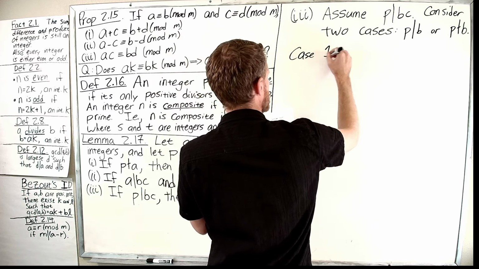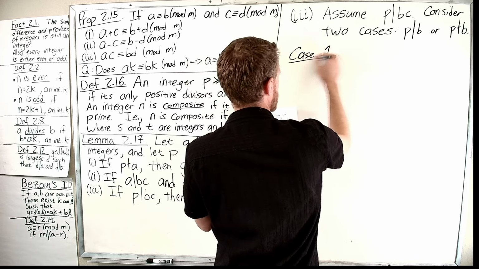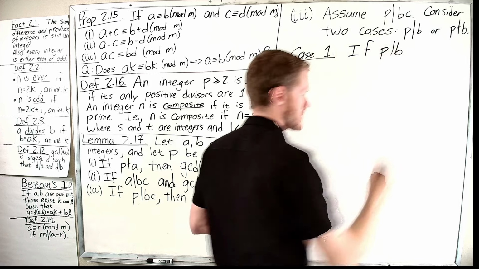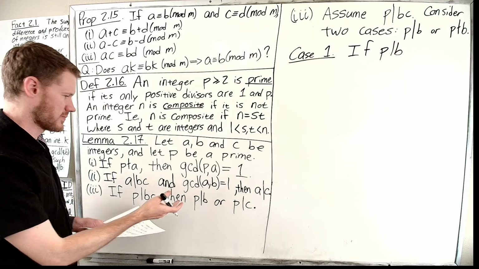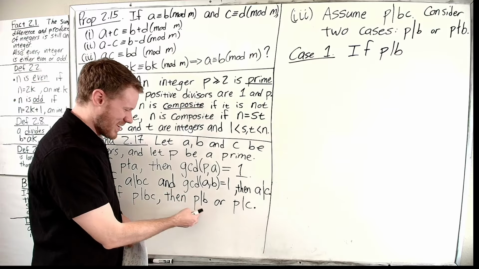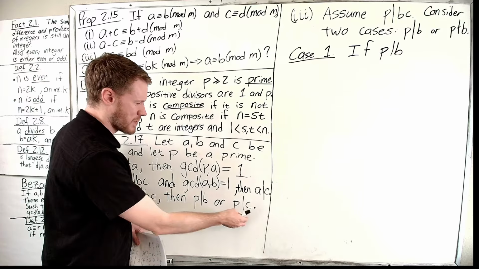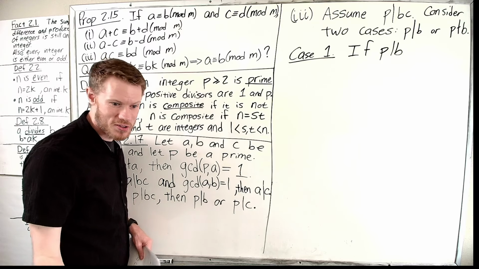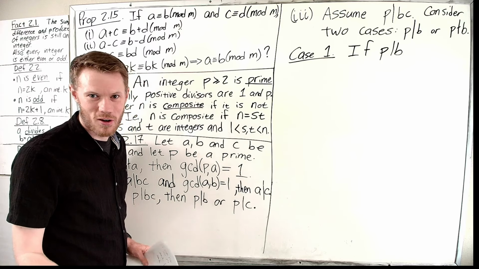So case 1, if P divides B, can you finish off the proof? Yes, we're done. We're trying to show that P divides B or P divides C. If we assume it divides B, then we're literally assuming that we're already done.